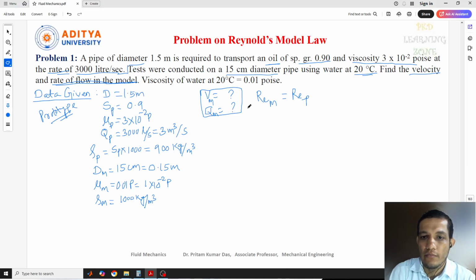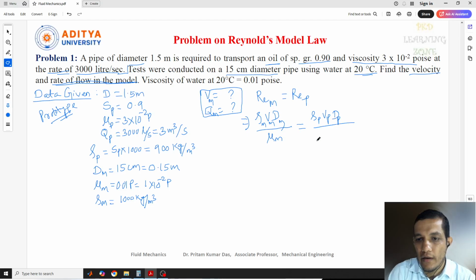Using the previous equation, we know that the Reynolds number is rho V D by mu. For the model it is rho M, Vm, dm by mu M. Similarly, this will be equal to the prototype: rho P, Vp and dP divided by mu P, because this is the formula for the Reynolds number.